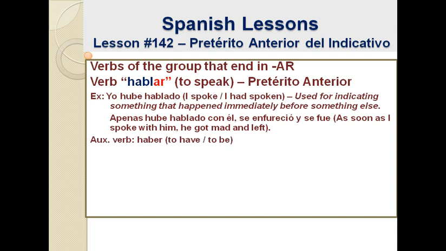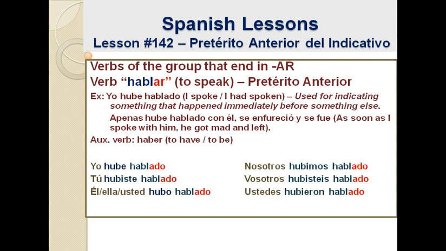So let's see, here you can see we're using the verb haber as auxiliary verb, and here we will see how to conjugate verb hablar into each of the subject pronouns, okay? Remember that usted conjugates the same as él or ella, but usted means you, the formal way of addressing you or tú. And vosotros and ustedes are synonyms, but they conjugate differently, right?